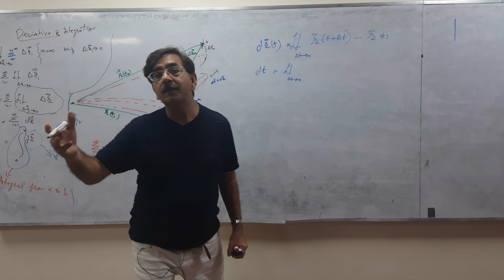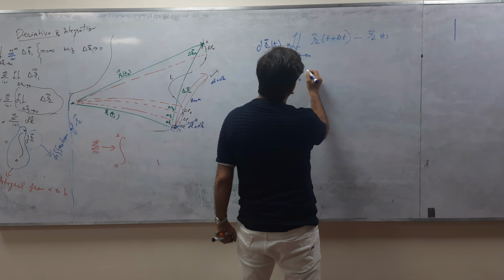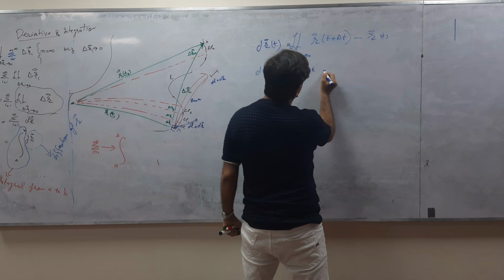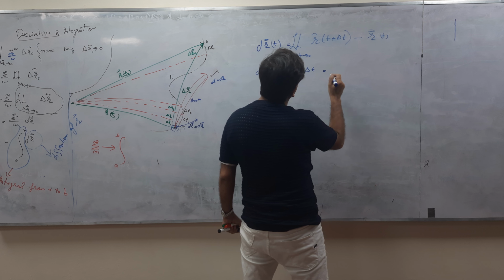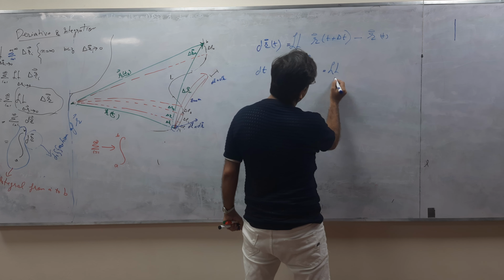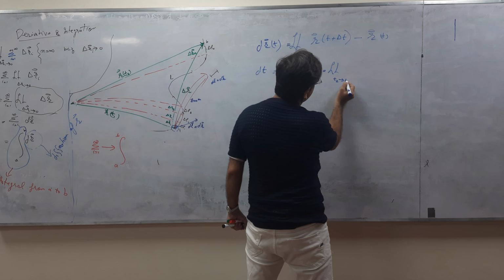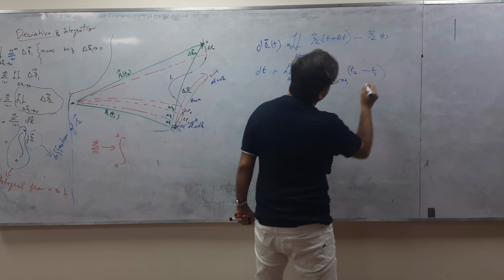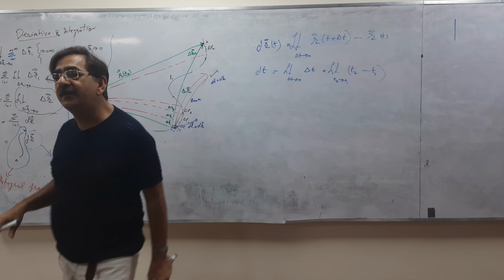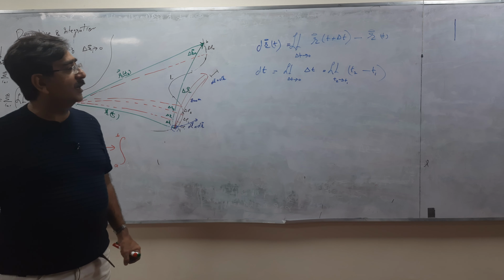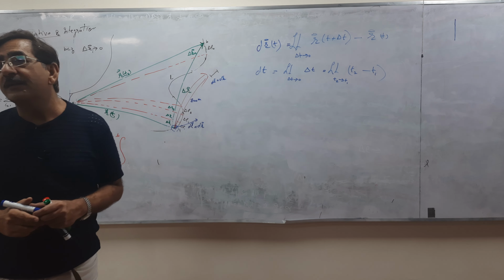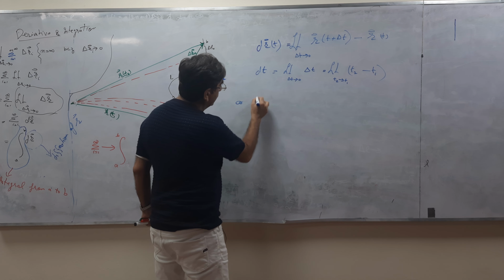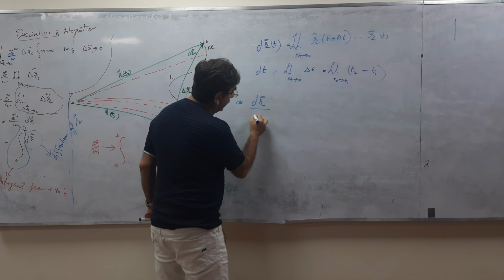Delta means two different points, the difference of the two different points. So that will be the delta t. Or you may say dr over dt, what is that?